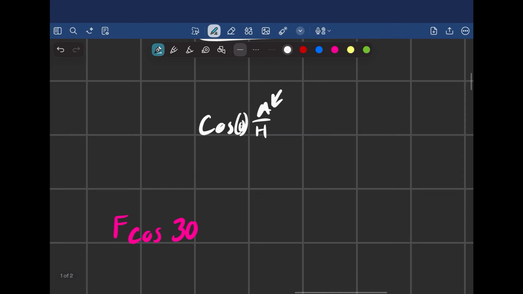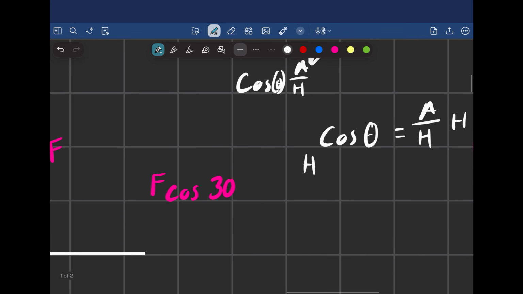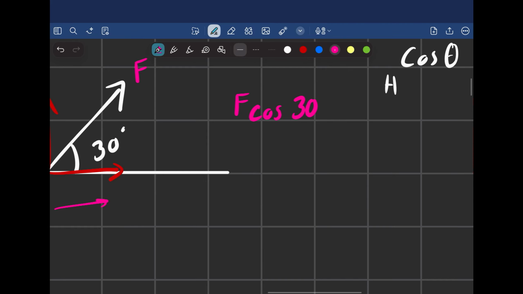So we multiply h on the other side. Cosine of angle equals adjacent over hypotenuse. So we want to multiply the hypotenuse and move it to the other side. And that's what we did here. F cosine 30. And for the up and down, what we'll talk about is F sine of 30. And that's what we'll go ahead and calculate to get the up and down value.